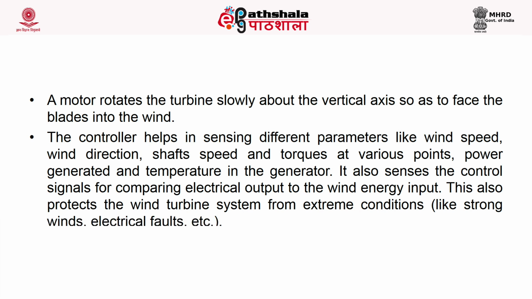It also senses the control signals for comparing electrical output to the wind energy input. This also protects the wind turbine system from extreme conditions like strong winds, electrical faults, etc. So, the basic components of a wind electric system consist of aero turbine, gearing, coupling, electrical generator and the controller.